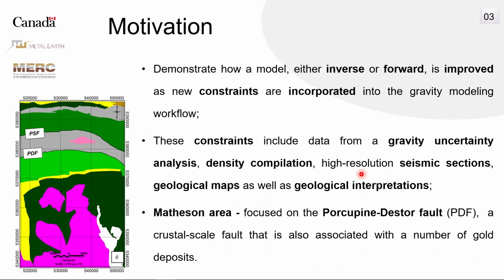So the motivation for my thesis was to provide a better sense when you constrain, let's say, a gravity model or magnetic model, because you have this non-uniqueness problem, so you have to constrain in order to have a better model.